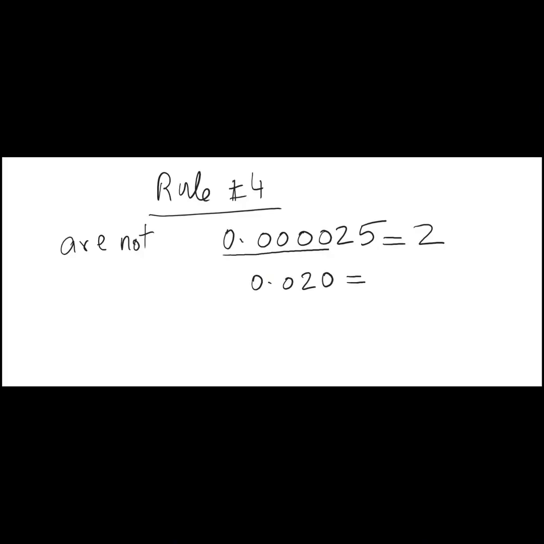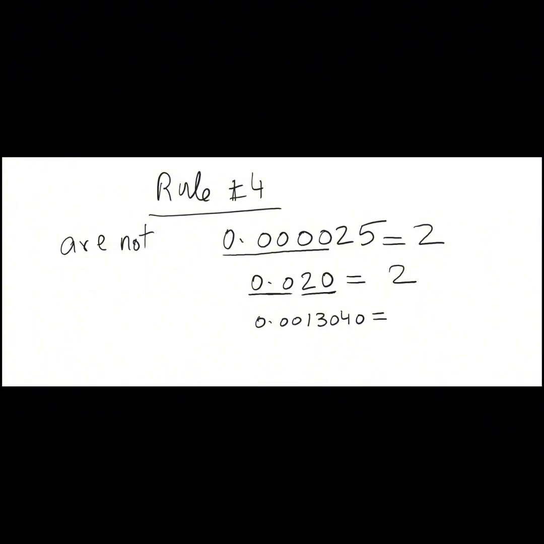0.020. How many now? 2, because this 0 is coming after significant numbers. So this 0 is significant, but these two zeros are not significant numbers. 0.001340. So you see this 0 is between 3 and 4, which are significant.